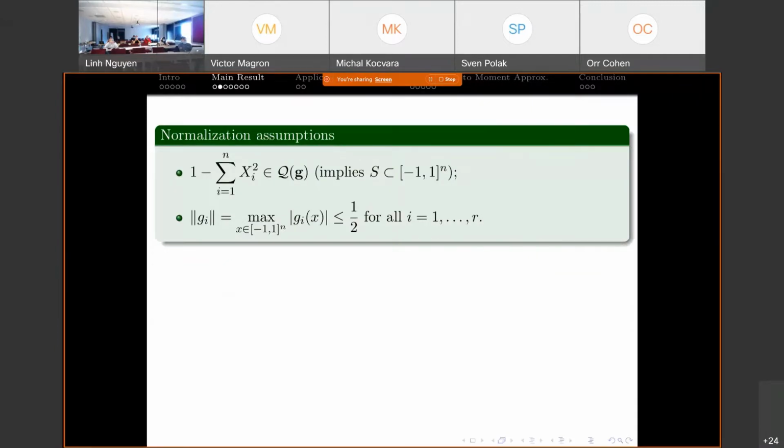The first one is that we assume that the ball that is in the quadratic module is the unit ball. So this also implies that the semi-algebraic set S is inside the hypercube, the unit hypercube. And second, we also need that the max norm of the g_i, of the inequalities, on the hypercube is bounded. These two assumptions are not so restrictive, and we can simply ensure that they hold by a change of variables and by scaling the inequalities.